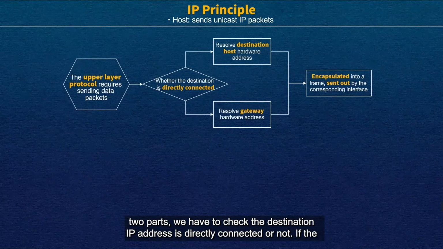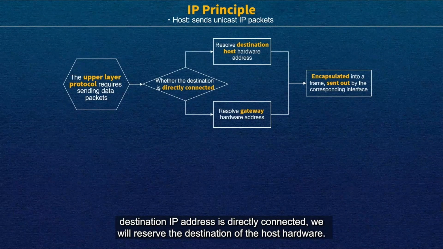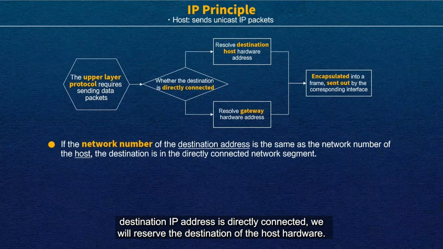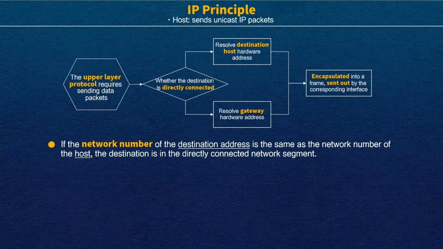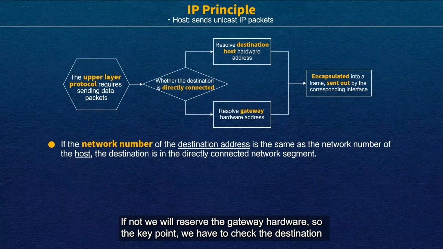We have to check whether the destination IP address is directly connected or not. If the destination IP address is directly connected, we will resolve the destination host's hardware address. If not, we will resolve the gateway's hardware address.